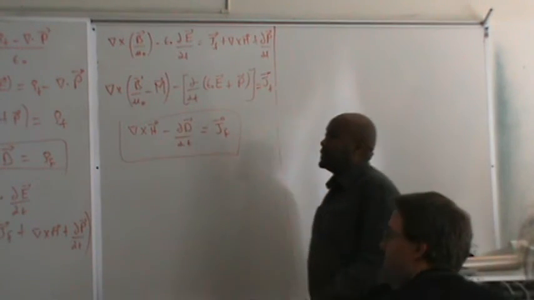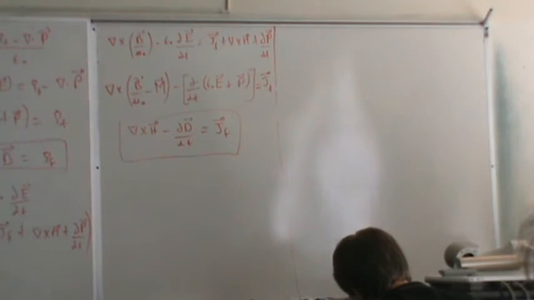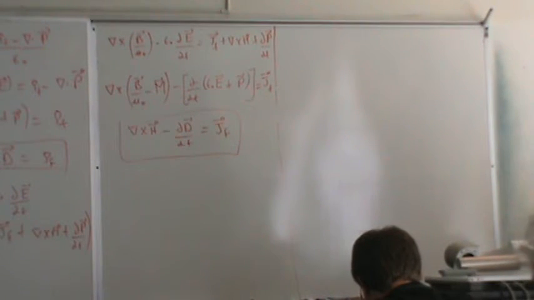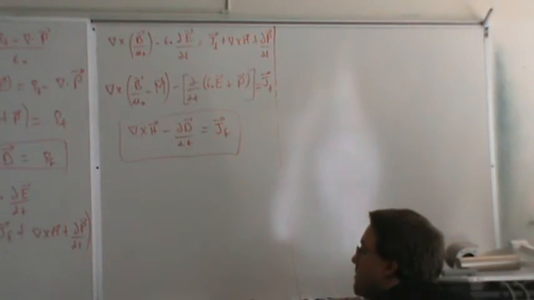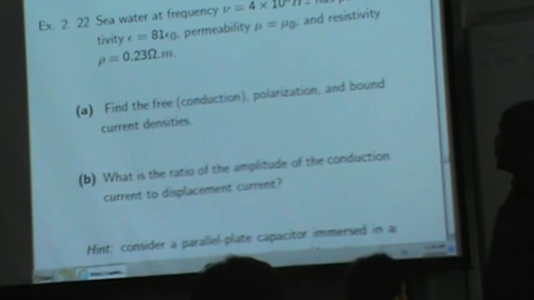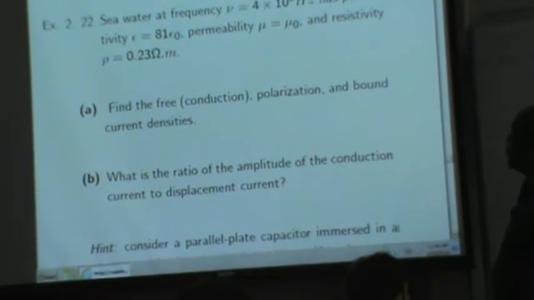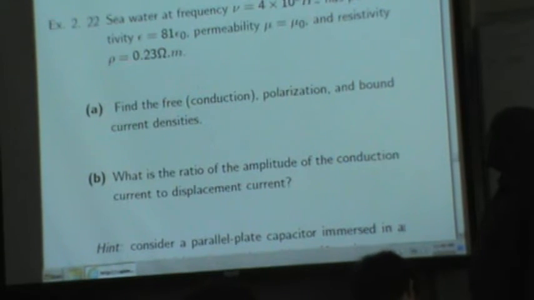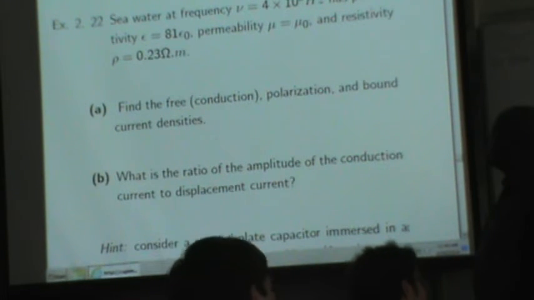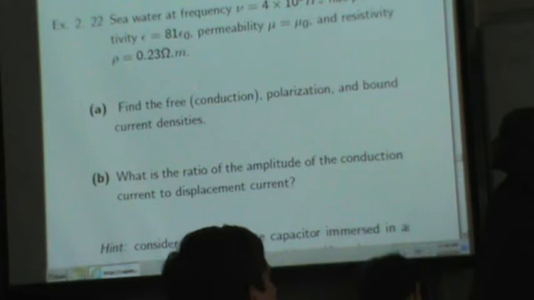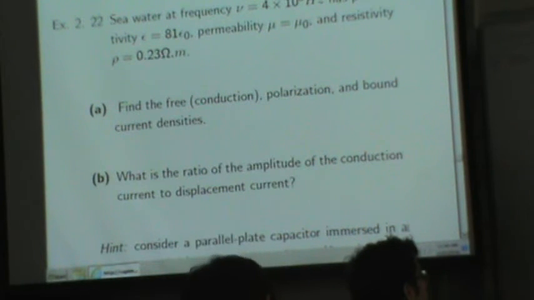Here it says, seawater at linear frequency equal to 4 times 10 raised to 8 hertz has permittivity epsilon, which is 81 times the electrical permittivity of free space, and the magnetic permeability, which is about the same as the magnetic permeability of free space.